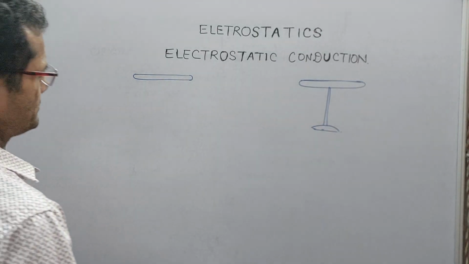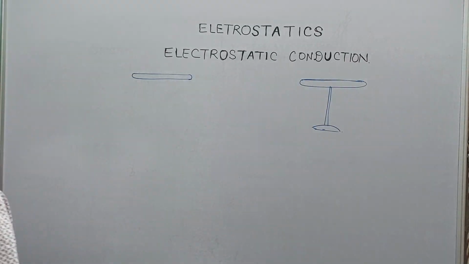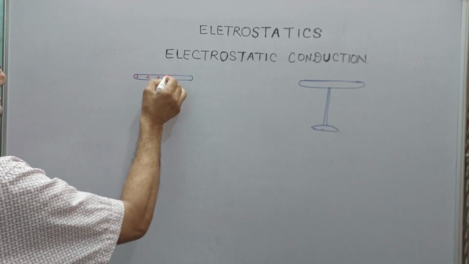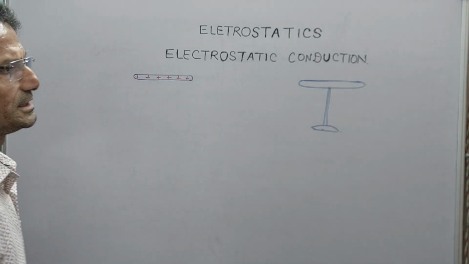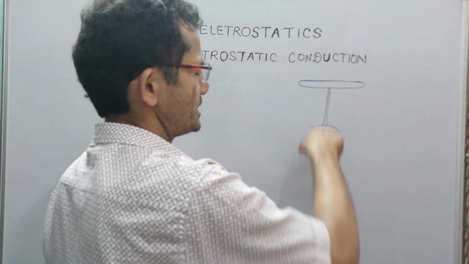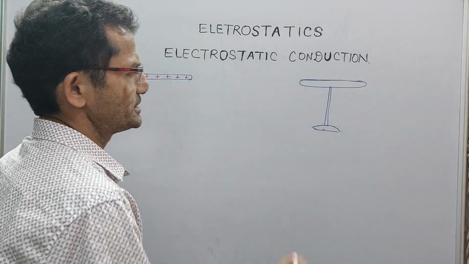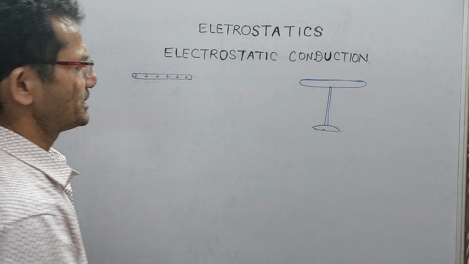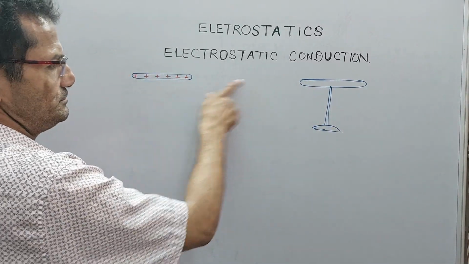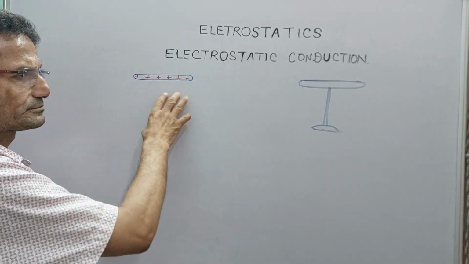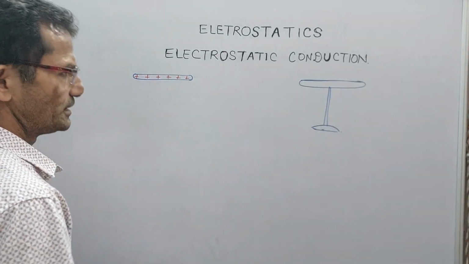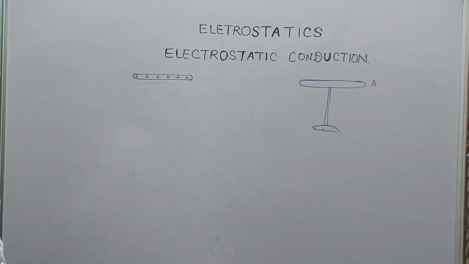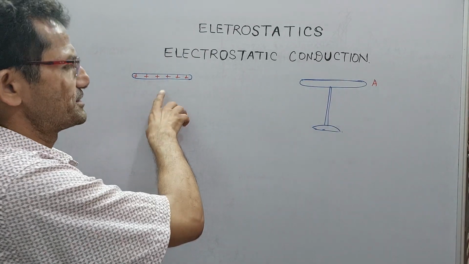I have given some positive charges to one of these conductors, and this one, object A, is electrically neutral, with no charges initially. This rod is very far from this object, so there is no effect of the positive charges on this one.